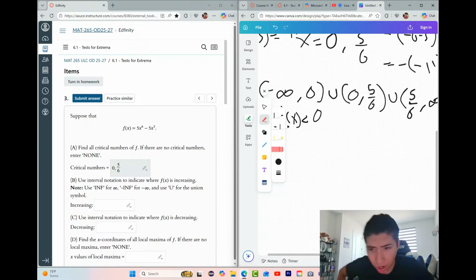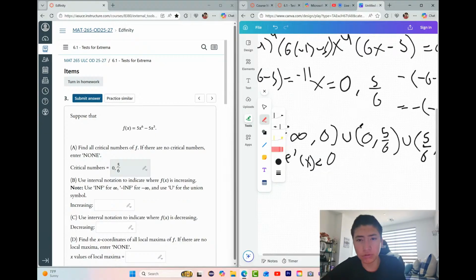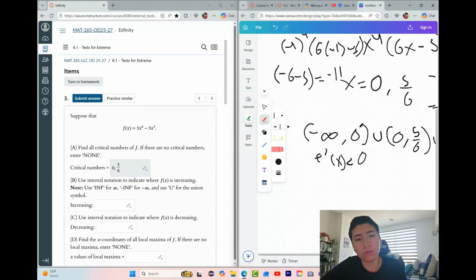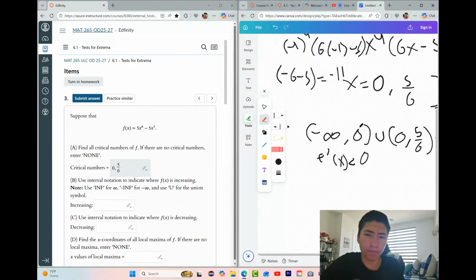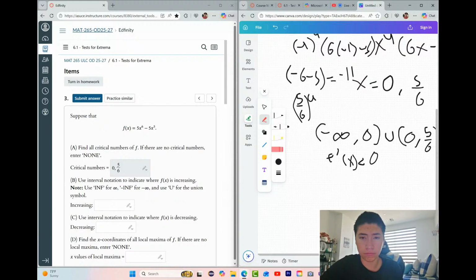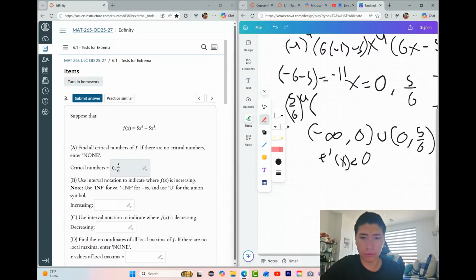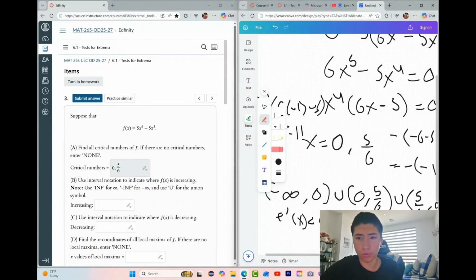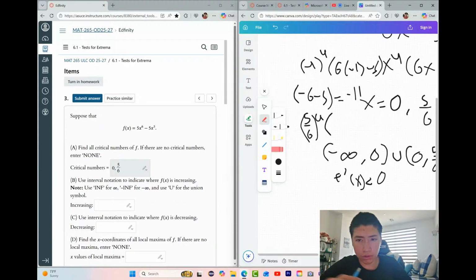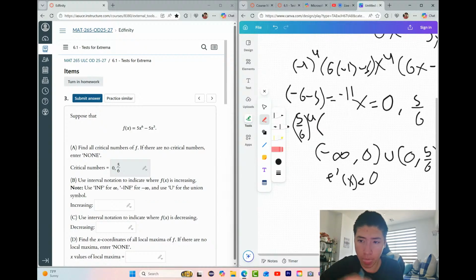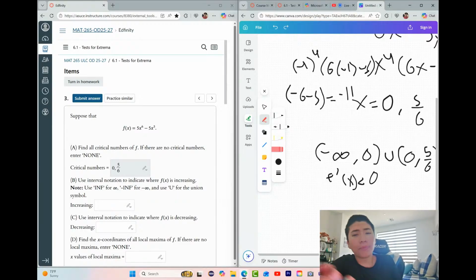Now something in between 0 and 5/6. We're not going to plug in anything because it's going to be too much algebra. We have 5/6 to the power of 4 times, we're going to get something in between.